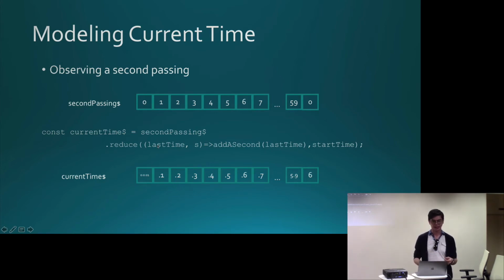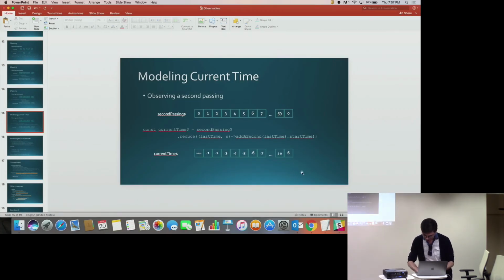So instead of observing 0, 1, 2, I don't know, my current time is 0.9. Oh, I see what he's trying to do. All right, we're just going to move on from that one. Probably a perfectly good example that I didn't have context to figure out.